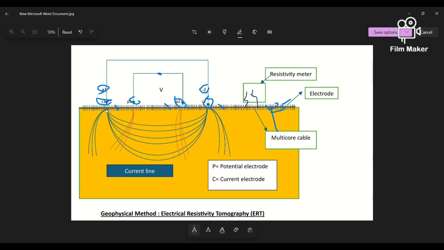The current flows through the subsurface up to the depth of the requirement, and the distance between the two electrodes depends on the required depth. If you increase the distance between the two current electrodes, it will also increase the depth of the current flow.